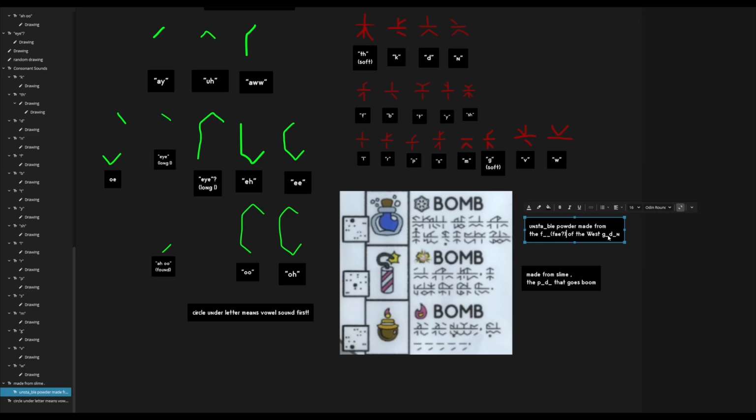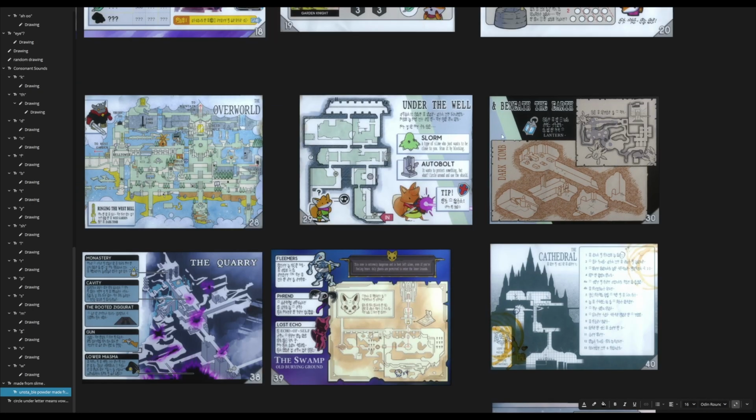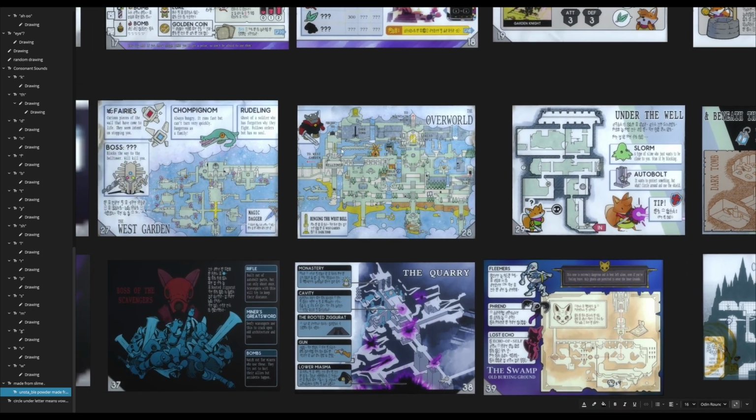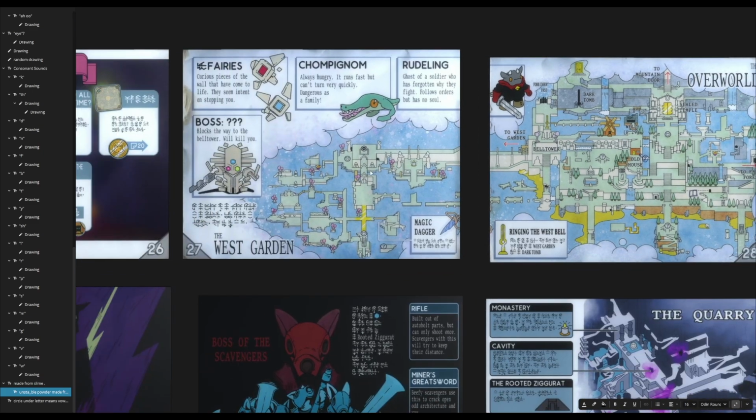So, den, done, West Garden. Maybe suddenly turned like we were in. Oh wait, is there? I'm gonna look at the maps and see if there's anything that says starts in West. I mean West Garden.